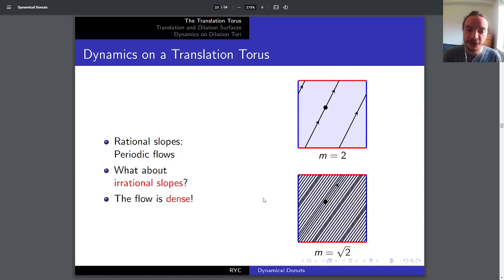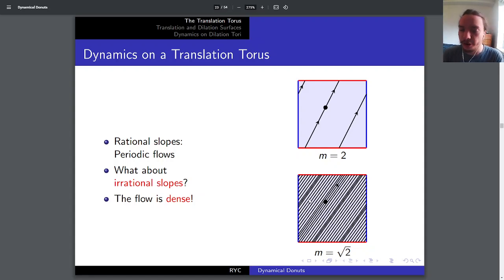The flow is dense, where dense means what we usually mean by dense in topology. What we mean is if you pick any point on the torus, then there's a sequence of points in our space so that those points are approaching that point on the torus. Okay? So there's a sequence of points on the flow which get closer and closer and closer to any point at all that you want on the torus as time goes on.